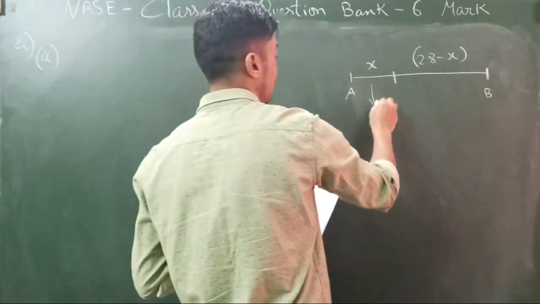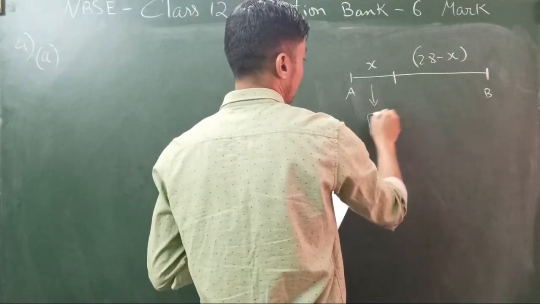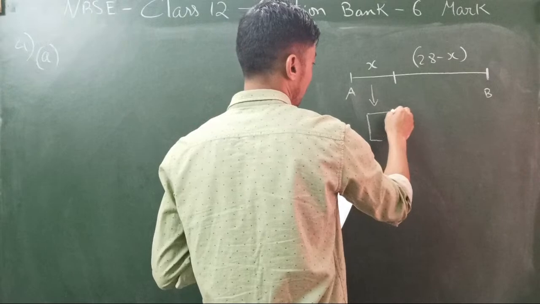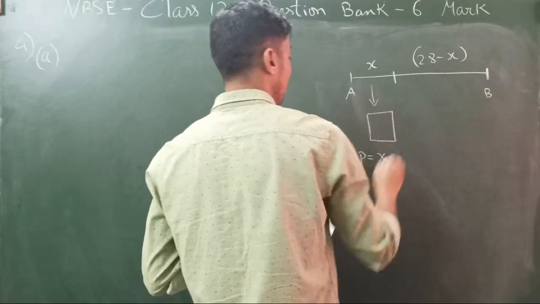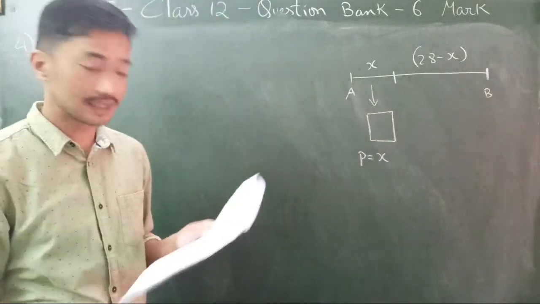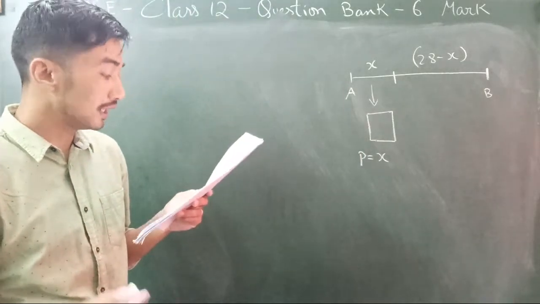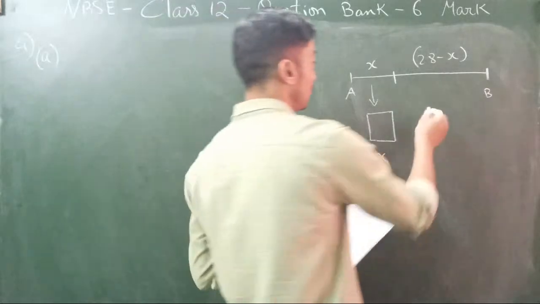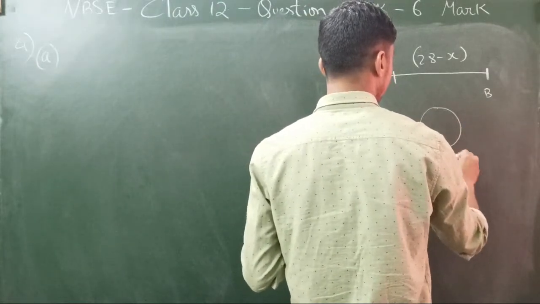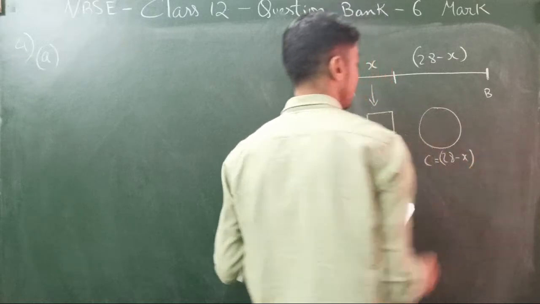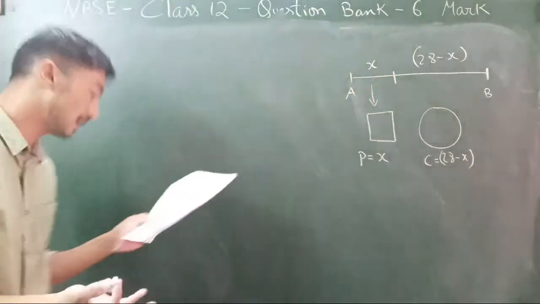Let's say that this x will be used to make a square. That means in that case the perimeter of this square will be x. And the other into a circle. The remaining part, that means the circumference of this circle is going to be 28 minus x. Not a big problem there.